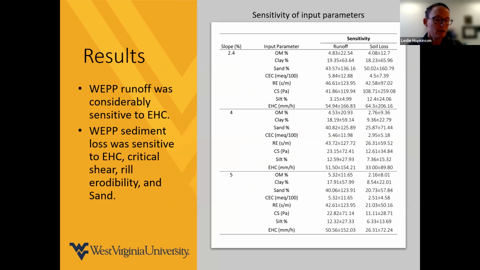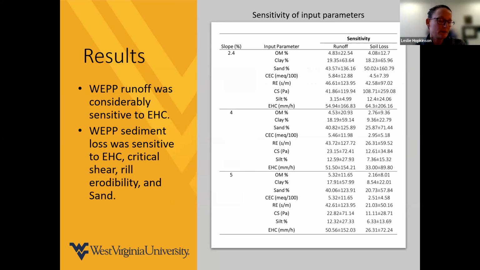We also evaluated the sensitivity of each soil input parameter, looking at organic matter, clay, sand, cation exchange capacity, rill erodibility, critical shear, silt, and effective hydraulic conductivity. We found that WEPP runoff was sensitive to effective hydraulic conductivity.